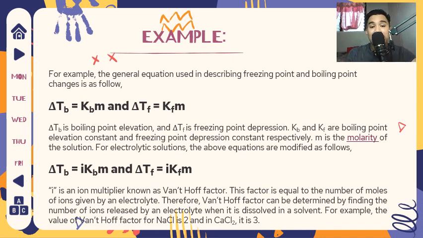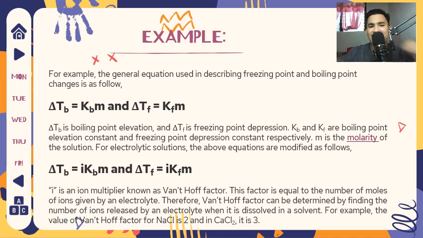So for electrolytic solutions, the above equations are modified as follows. We have here the change of T sub B, or the boiling point elevation, is equal to i times K sub B times m, and the change of T sub F, or the freezing point depression, is equal to i times K sub F times m.